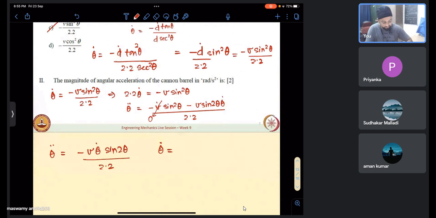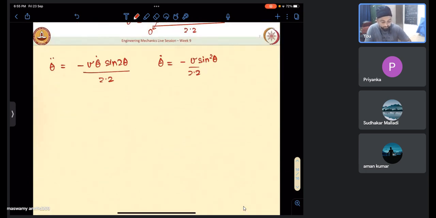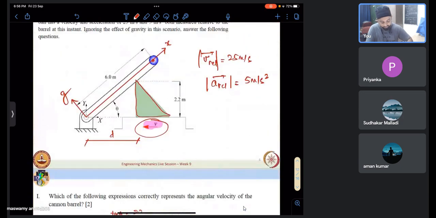Theta dot, we just got it as minus v sine square theta by 2.2. So mind you, v is negative. So it is minus 2.2 sine squared 48 by 2.2. I think that is 2.3, right?